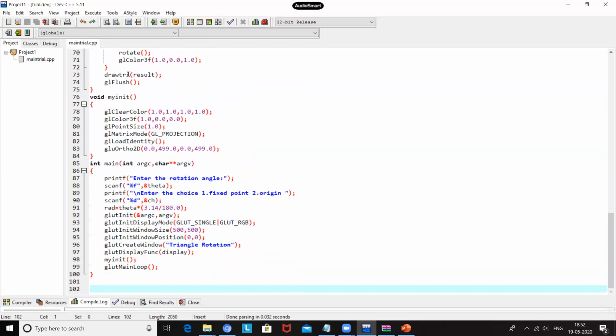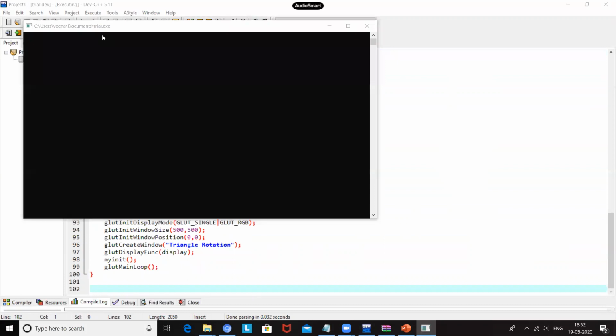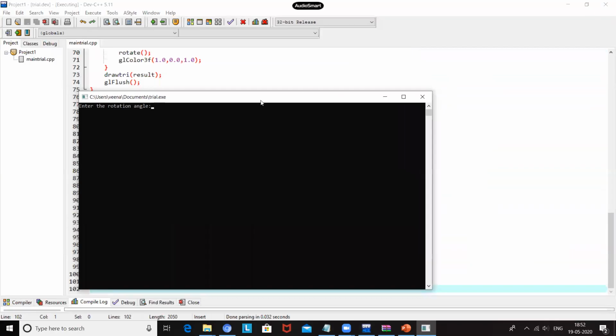Now let's see the demo of this program. First of all, the program will ask to enter the angle. Let's say we enter around 45 degrees. It is asking us the choice, whether it is fixed point or origin.